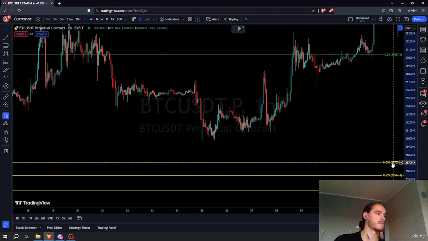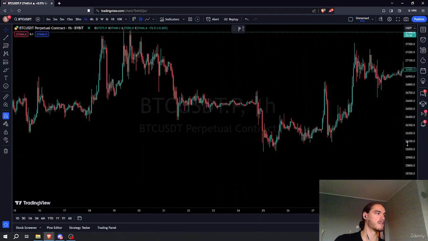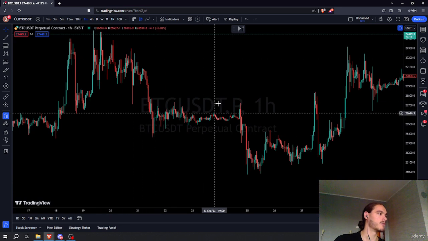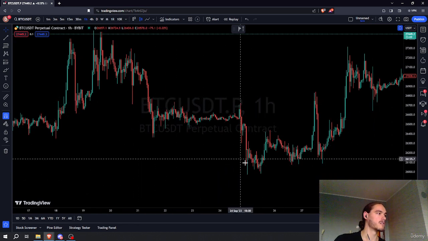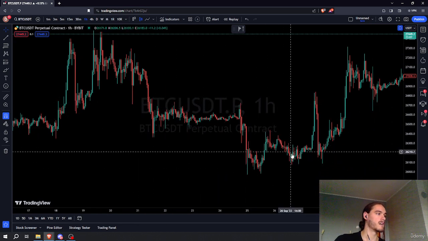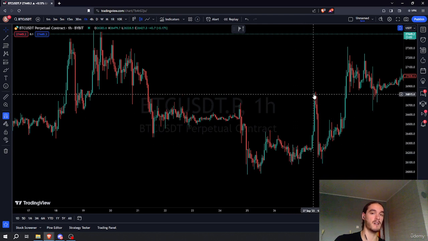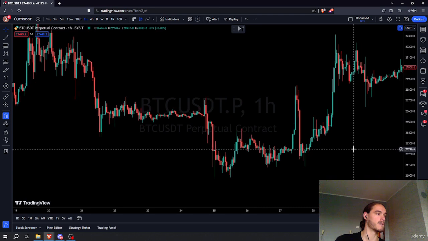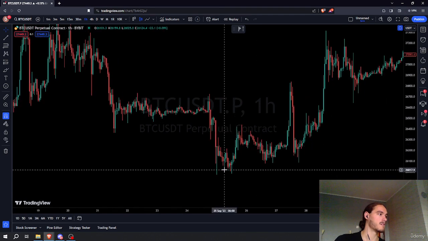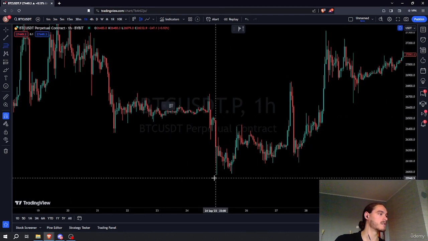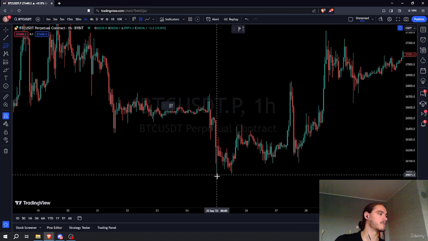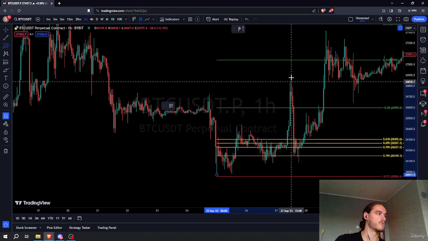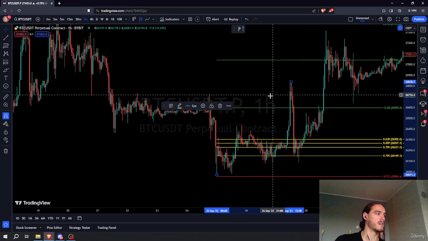Let's say we check the structure: high, low, lower high, lower low, lower high, higher high. Market structure changes, breaks the market structure, so we can select the pull from high to low when market structure changed.